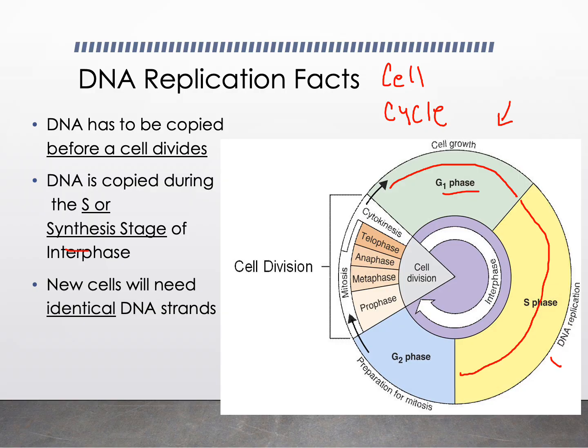This is where DNA is replicated in the S or synthesis stage. And then we have our G2 phase, which is more growth, and then it's preparing for mitosis. So G1, S, and G2, those are known as the interphase.